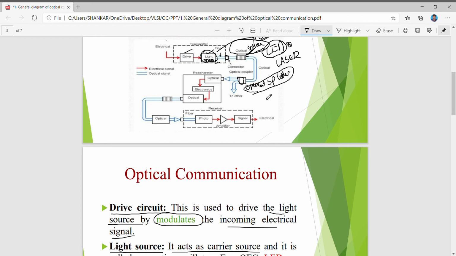The optical splitter is used to connect the effective optical signals to the regenerator circuit. It is also called an optical coupler, which is used to couple the light signal to the regenerator circuit, and it is also used to split the incoming optical signal without losing any information.